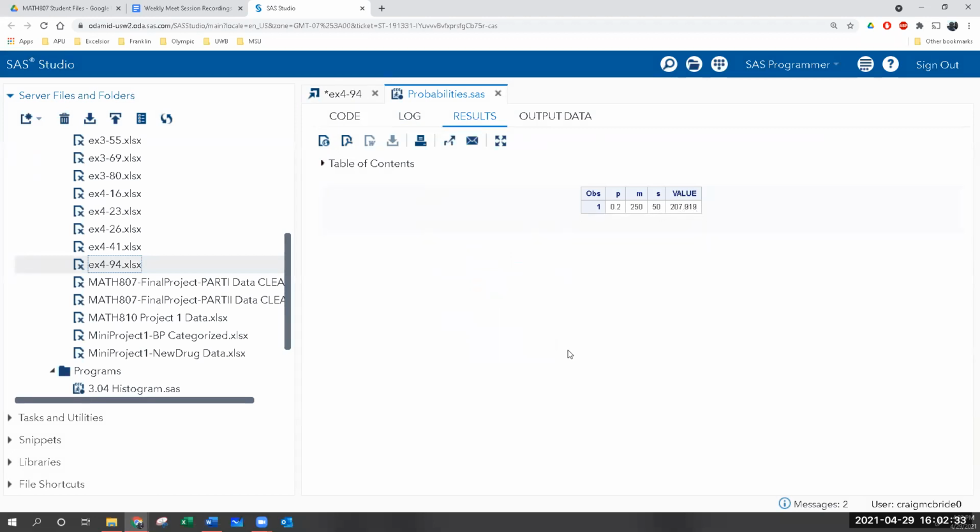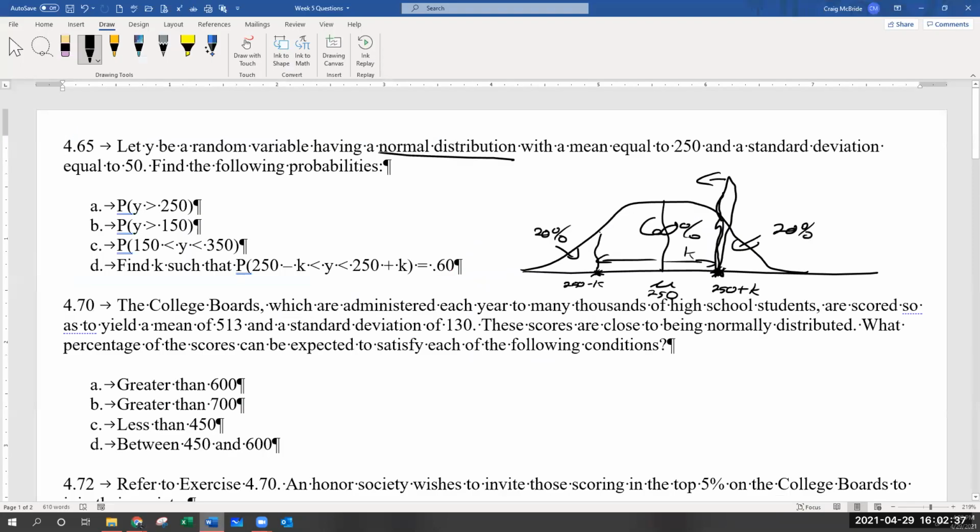Going back to my picture, we can round up and call it 208. So if this is 208, I can solve for k algebraically by setting 250 minus k equal to 208 and doing some simple algebra to get k. Cool. Thank you. Yep.